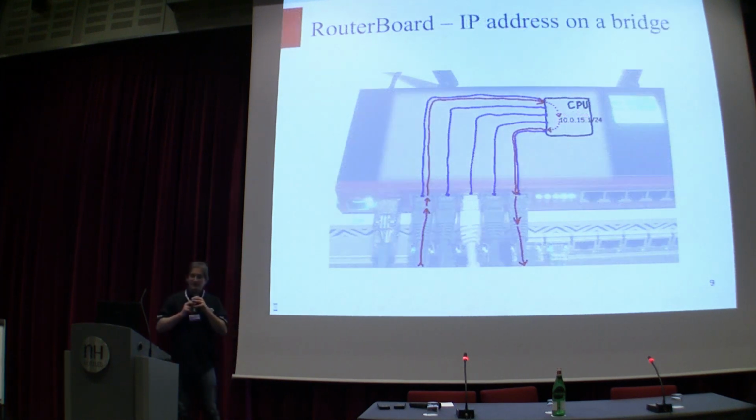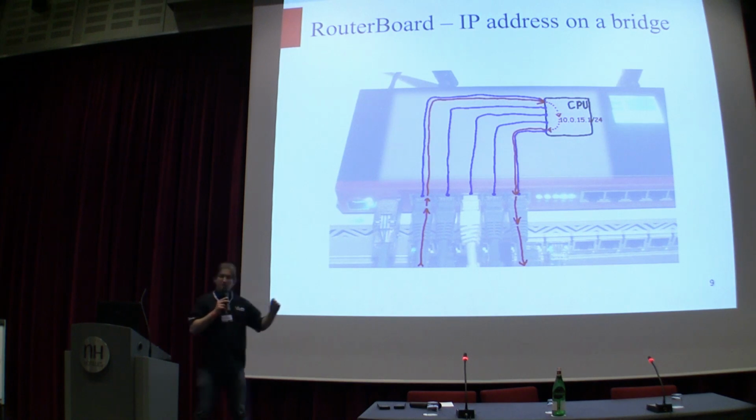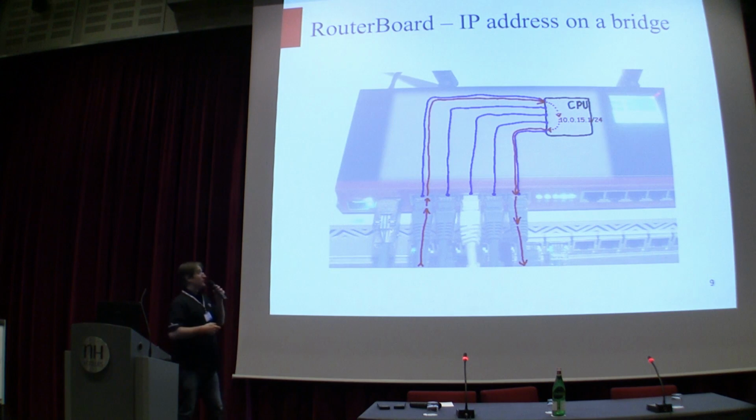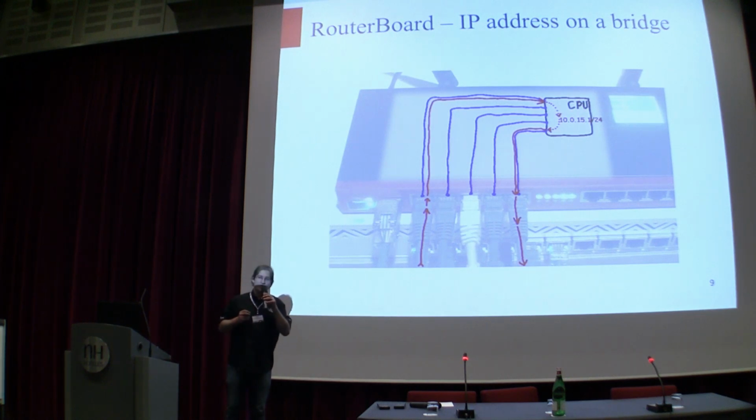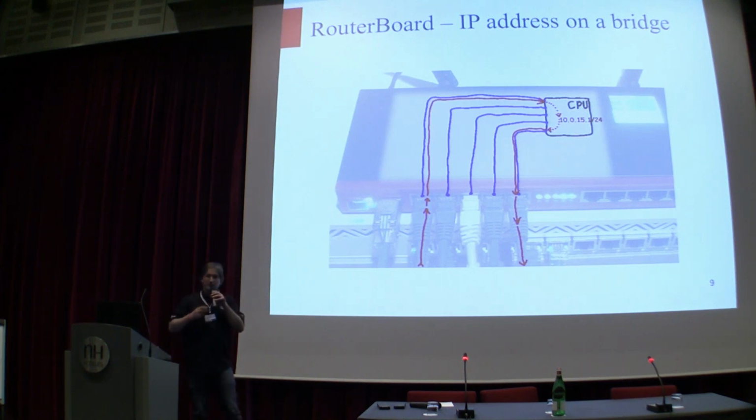You just create a bridge interface, add two ports, Ether1 and Ether5, to the bridge, and add an IP address on the bridge interface, and that's all. That's how the virtual switch is created. But all the packets are now also going through the CPU. And as we know, the CPU is a very tired machine, and sometimes it's not powerful enough to serve all the packets.